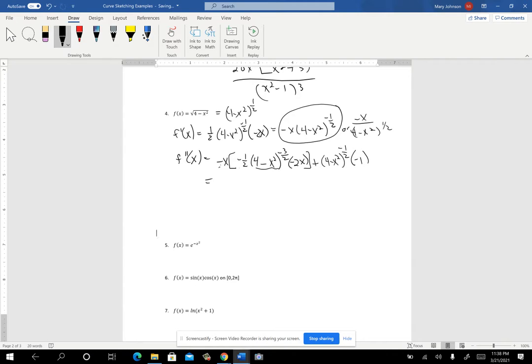So that makes an x squared. Those would become 1. So it's negative x squared times the 4 minus x squared to the negative 3/2. And then it's minus 4 minus x squared to the negative 1/2.